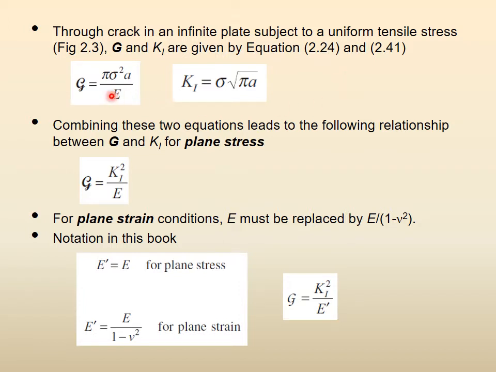So G is this and K1 is this. Combining these two equations, you can say sigma is equal to K1 upon root pi A and put it there. So you will see that if plane stress is satisfied, because that is how we found these equations originally, then G is equal to K1 squared by E.